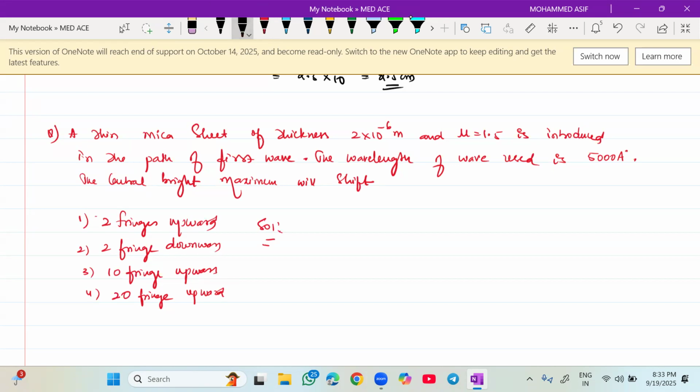How do you calculate the shift? A thin sheet of mica of thickness. Thickness is given as 2 into 10 power minus 6 meters. Refractive index is given as 1.5. Wavelength of the light used, lambda, is equal to 5000 angstroms. How do you calculate the number of fringes shifted? N is equal to y naught divided by beta.